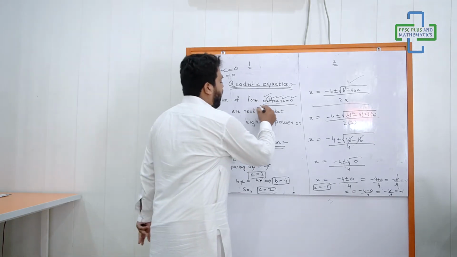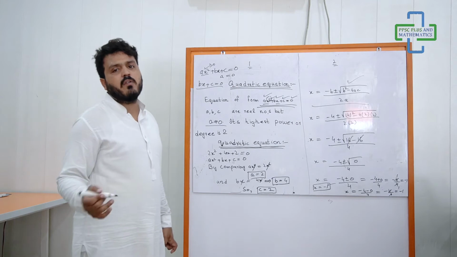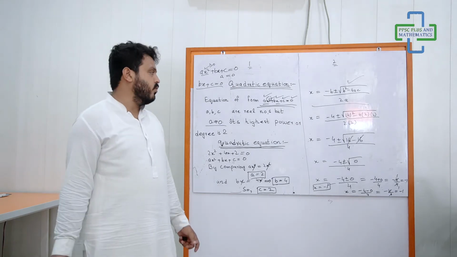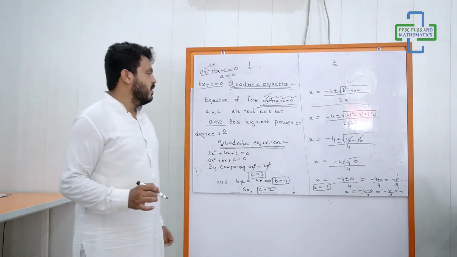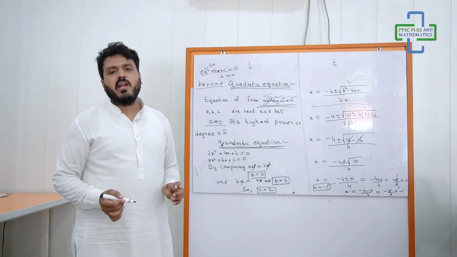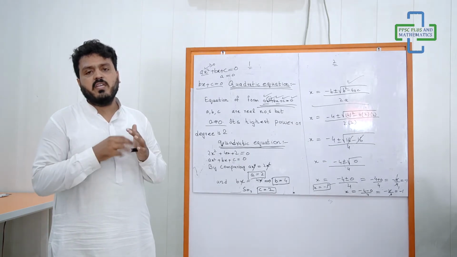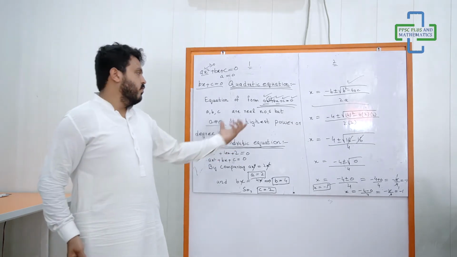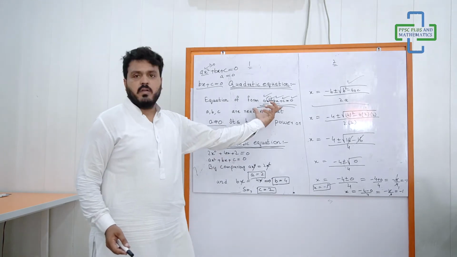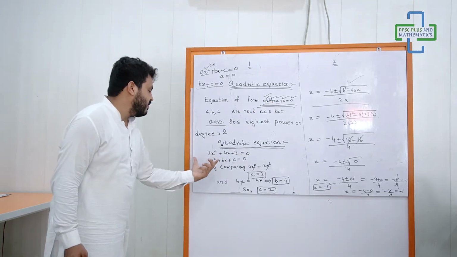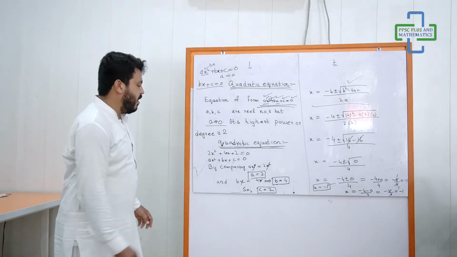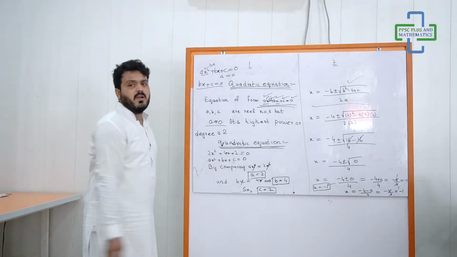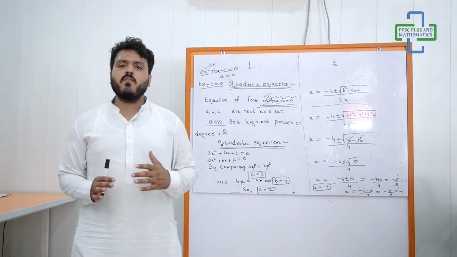We use this standard form for solving a quadratic equation through the quadratic formula, because by comparison we can get the values of a, b and c from any equation. Now here is the equation 2x square plus 4x plus 2 is equal to 0, in standard form.